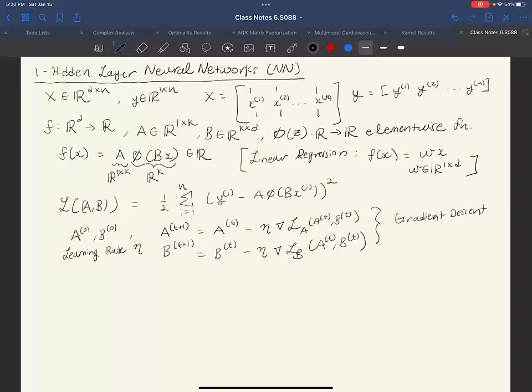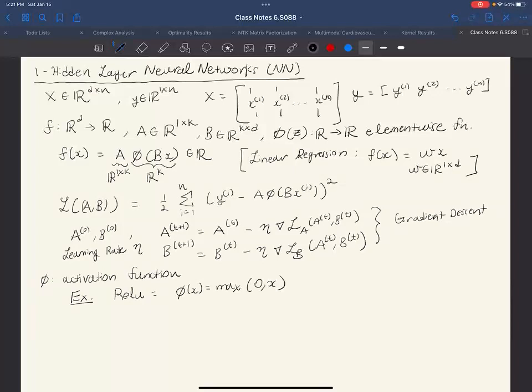But apart from that, this is just a general one hidden layer neural network. Maybe I can give you some examples of what phi looks like. These phis are typically called activation functions. Perhaps the most common example is the ReLU, which is just phi of x equals max of 0, x.